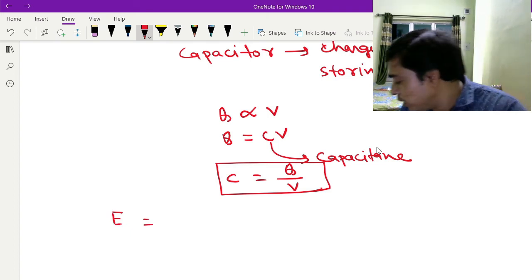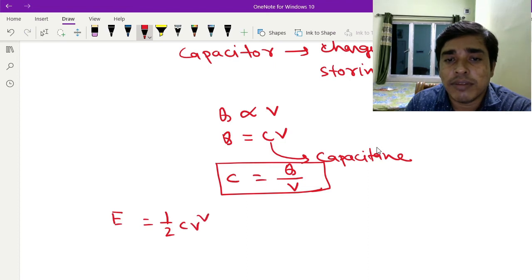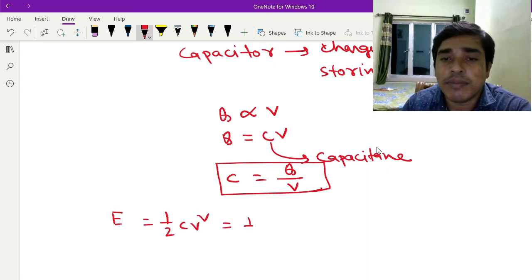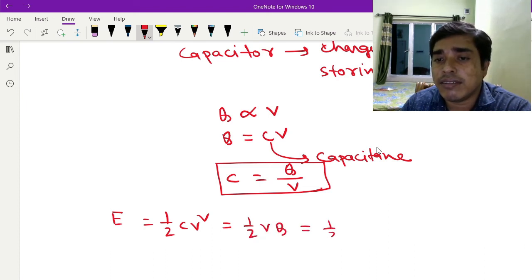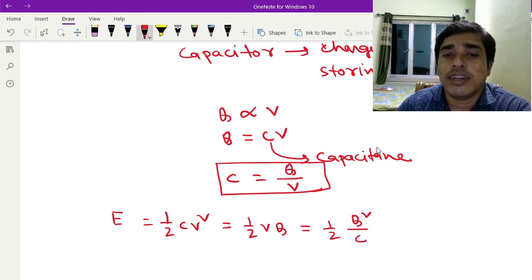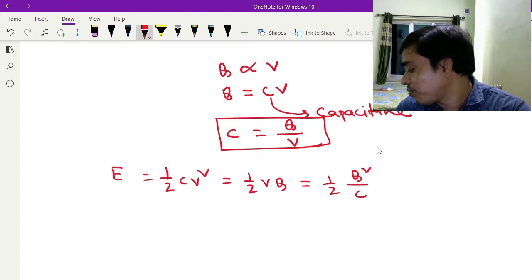E equals half CV square, or it can be written as half VQ, or half Q square by C. This is the formula of energy stored by the capacitor.